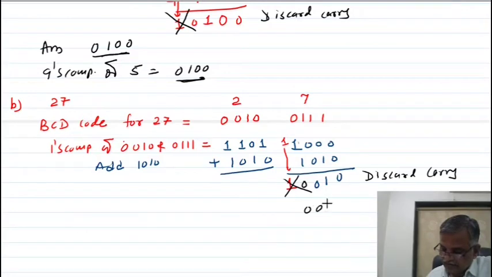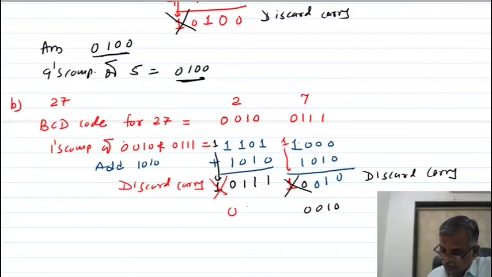So your answer is this. Look here. This is 1, this is 1, 1 plus 1 is 0. Carry is 1. So discard this carry. So 0111. So the answer is 0111 0010.